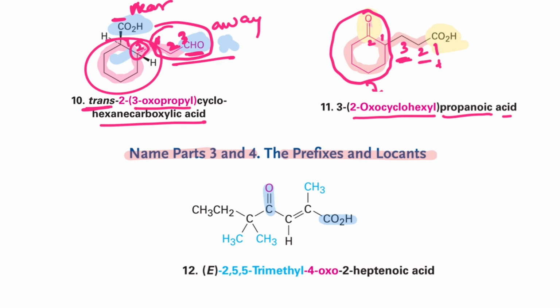Therefore, the first priority group is the carboxylic acid, 1, 2, 3, 4, 5, 6, 7. So the principal carbon chain should contain the maximum number of functional groups with the longest carbon chain. Like this it is selected.